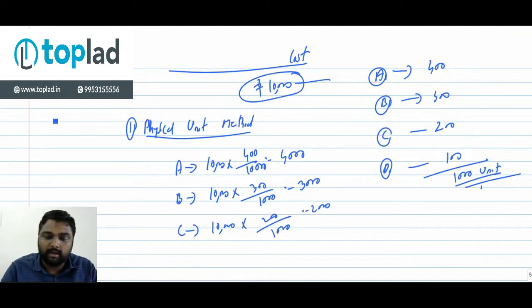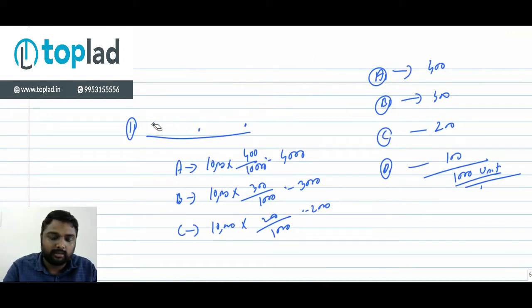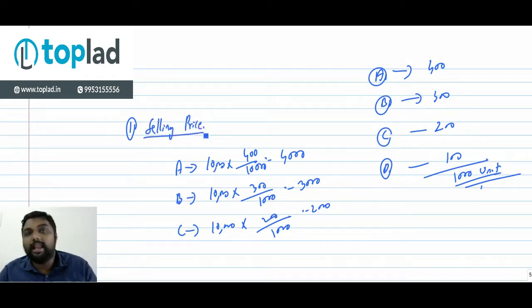What is the method? The second method. The first method is physical unit. The second method uses selling price.